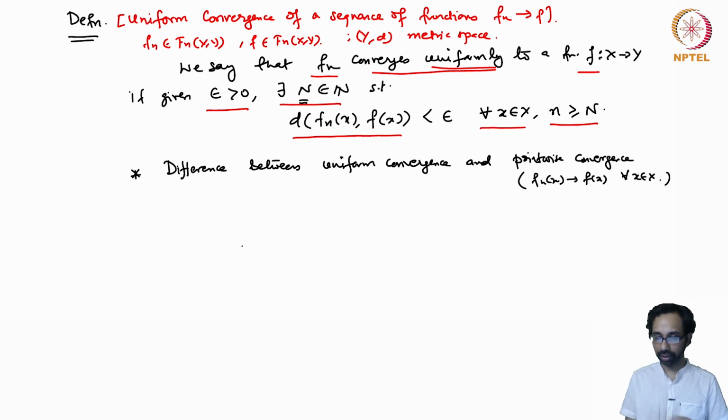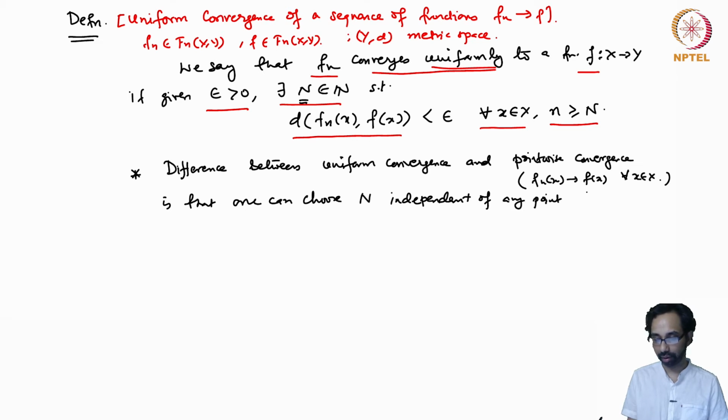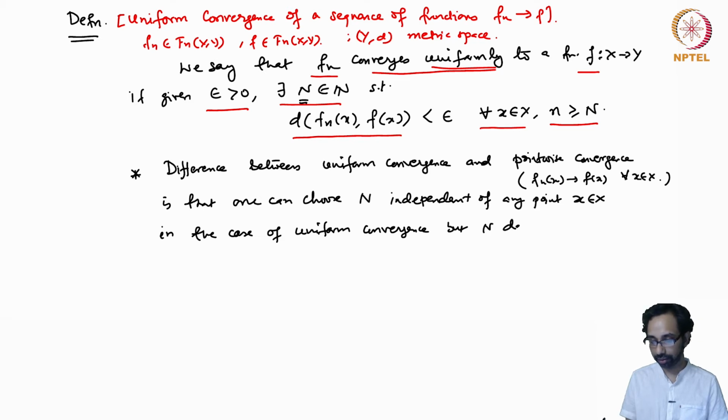So this is the pointwise convergence, and the difference between uniform convergence and pointwise convergence is that one can choose capital N independent of any point x in X in the case of uniform convergence, but N depends on a chosen point x in pointwise convergence.